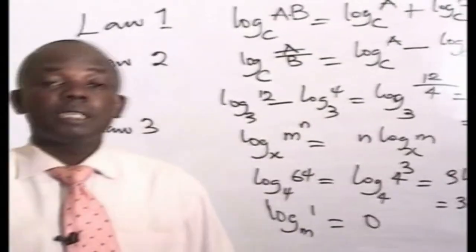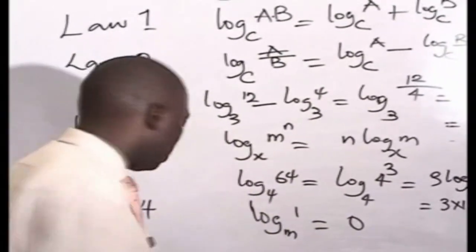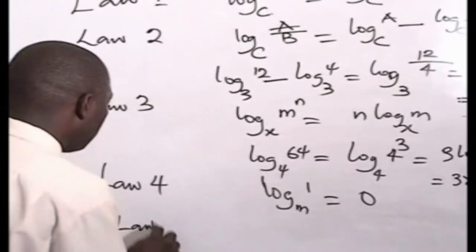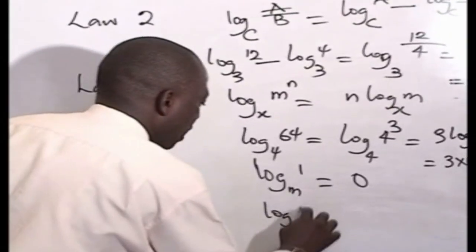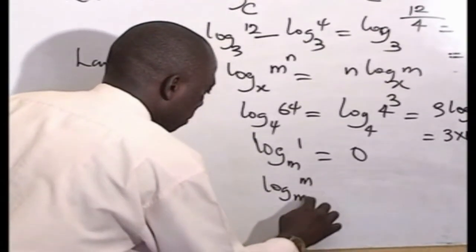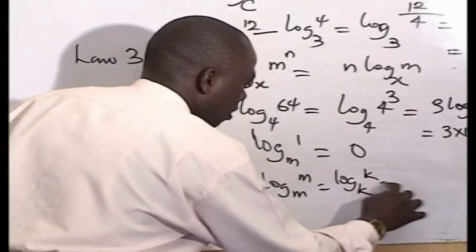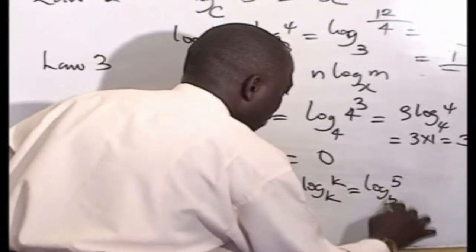The fifth principle for logarithm: log of a number to its own base. Log m base m is equal also to log k base k. It is the same thing as log 5 base 5.